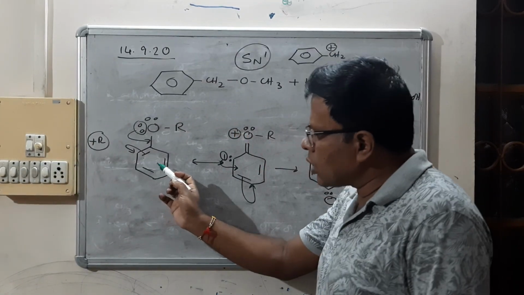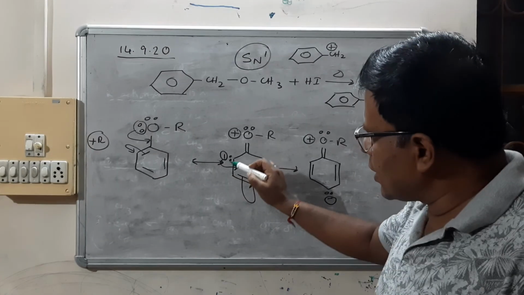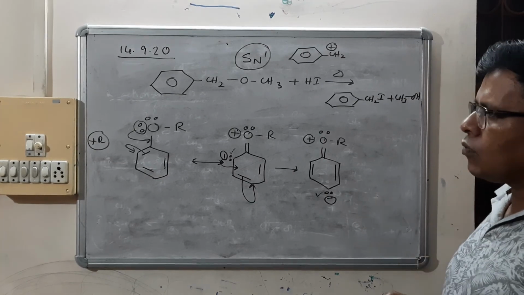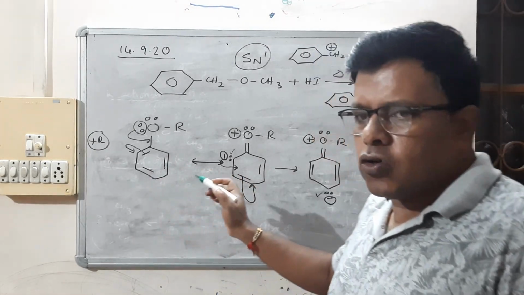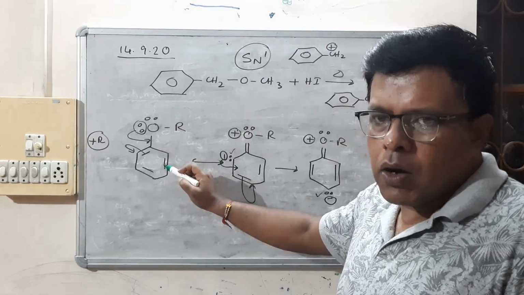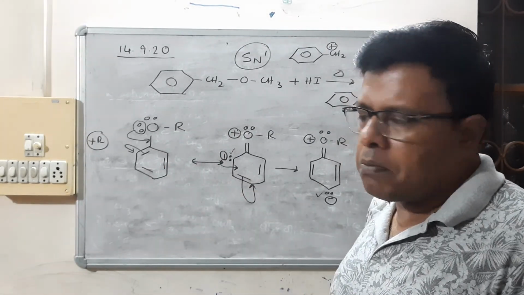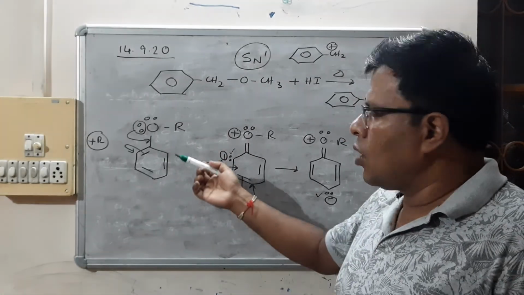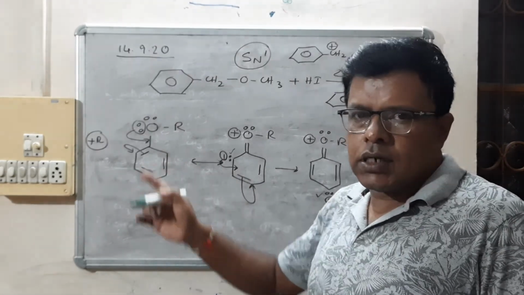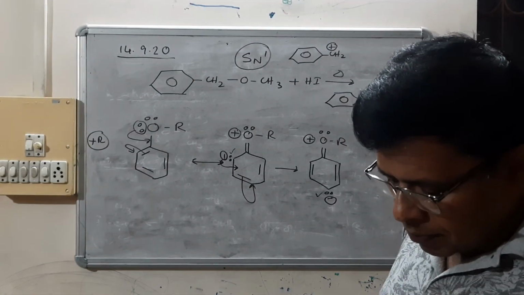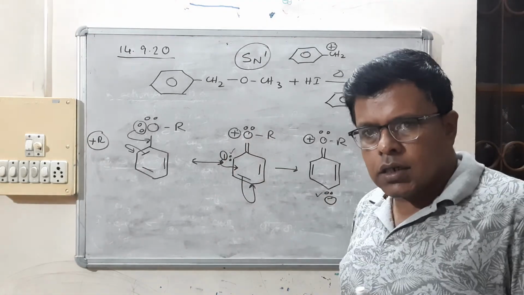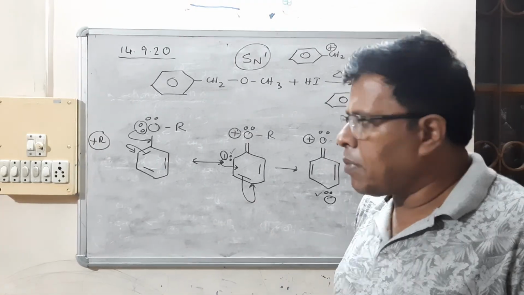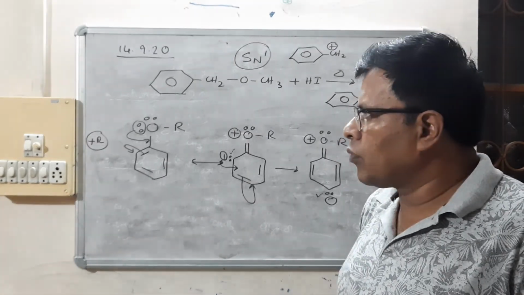So, resonating structures of phenolic ether tell us that there is more electron density at ortho and para positions. So when we carry out electrophilic substitution reaction of this compound, say nitration, or Friedel-Crafts alkylation, Friedel-Crafts acylation, or sulfonation of this compound, which we have discussed in the previous chapter, we will get ortho and para products, and para product will be dominating out of the two.